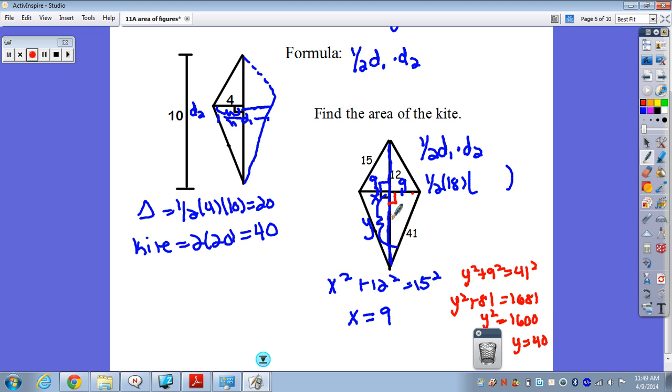So then the other diagonal is 12 plus 40, because I add the two pieces, which is 52. And then my area is going to be, if I multiply that out, 468. Now again, we could have just done the area of a triangle, which is 1/2 times 9 times 40 plus 12, which is 52, and then multiply it by 2, and you'd get the same answer.